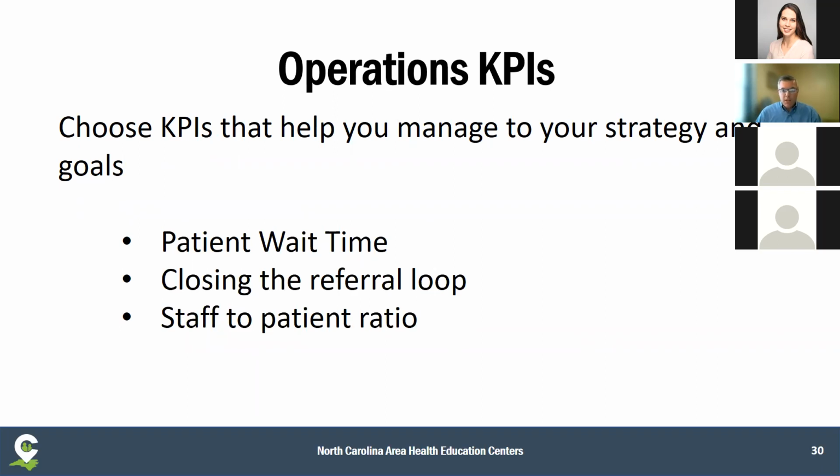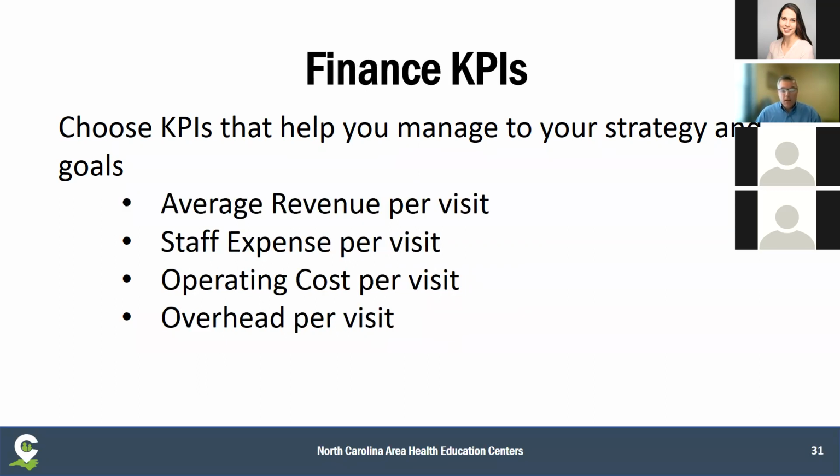So in terms of operational KPIs, some of the things that you might track: patient wait time, success and timing for closing referral loops, staff to patient ratio, things that drive your operations and things that you want to measure and monitor and improve on.